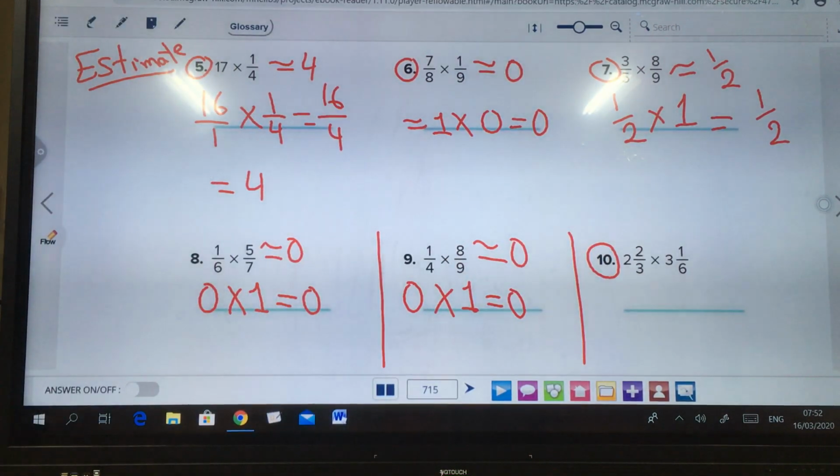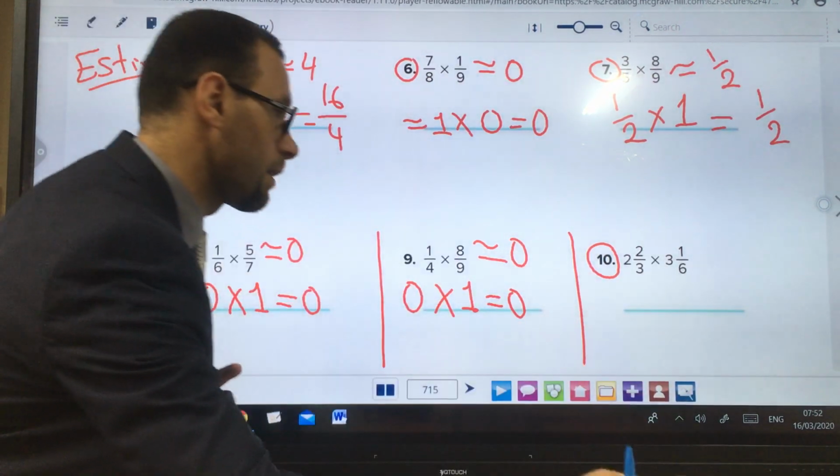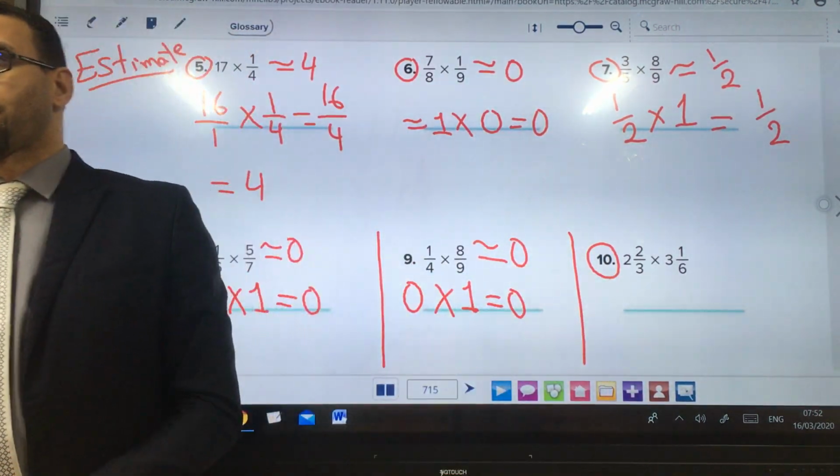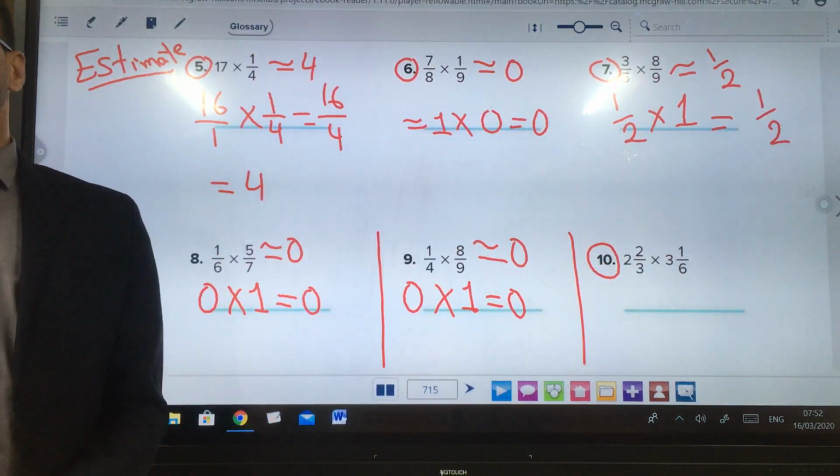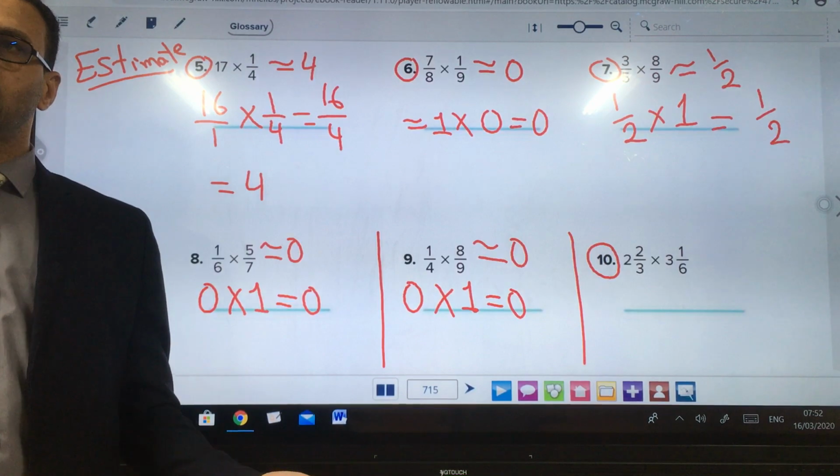Okay, number 10. What do I have to estimate? Yes, Ryan, mixed numbers. Good. 2 and 2 out of 3: the mixed number consists of what and what?